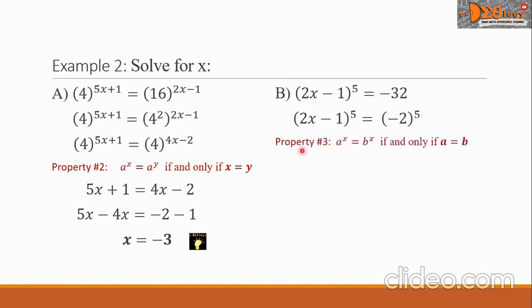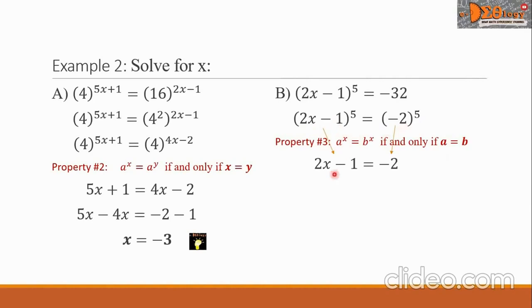So according to property number 3, a raised to x equals b raised to x if and only if a equals b. It means to say we can now copy the bases of the left side and the right side respectively.